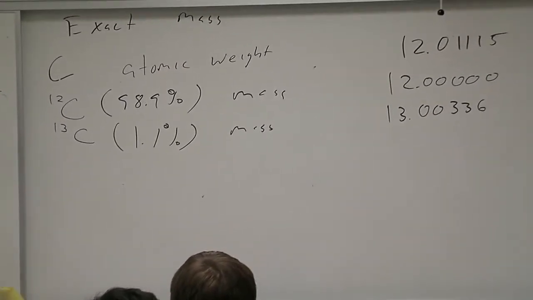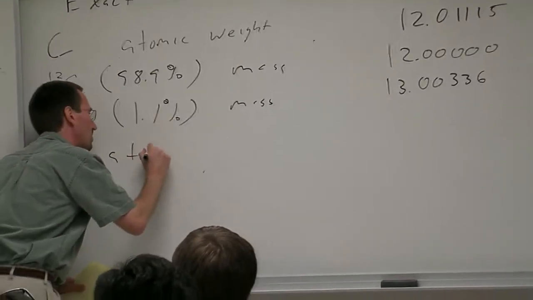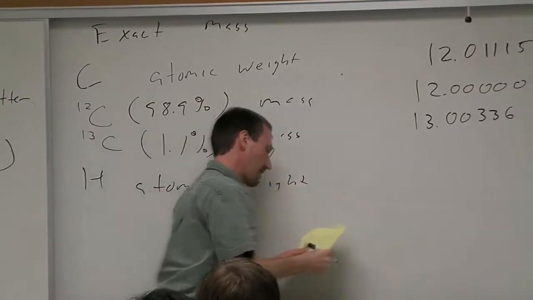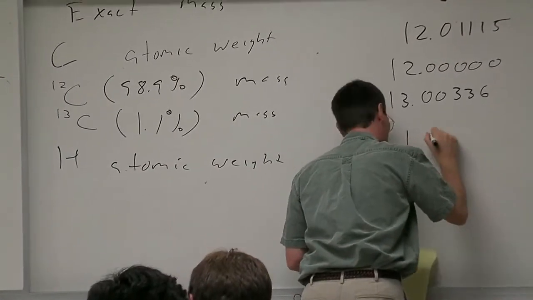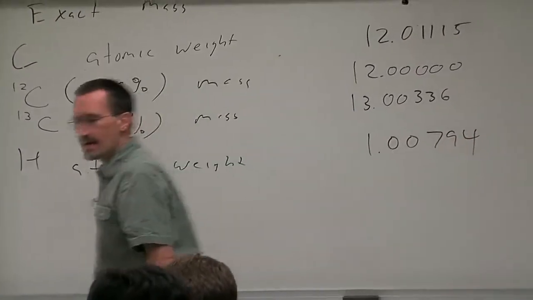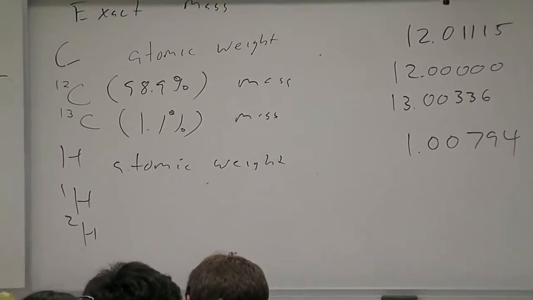Other elements also have isotopes. Hydrogen, for example, has an atomic weight in the periodic table of 1.00794, and yet hydrogen is a mix of hydrogen and deuterium, sometimes called heavy hydrogen.